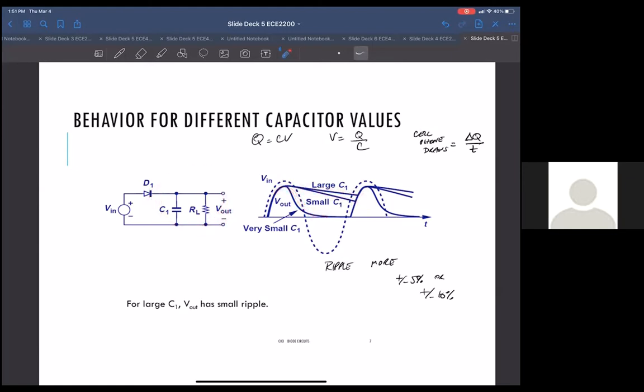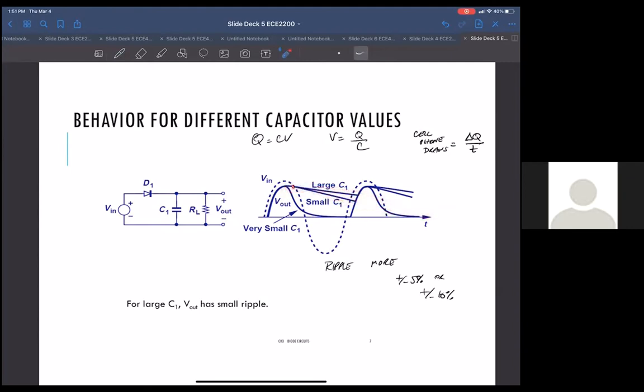And if you remember from your previous circuit classes, this will be an exponential drop, which looks like that, not like a line. But if you just look at a small portion of this, it looks like a line. So that's why these things kind of look like a line, but these are also exponentials if you wait long enough.